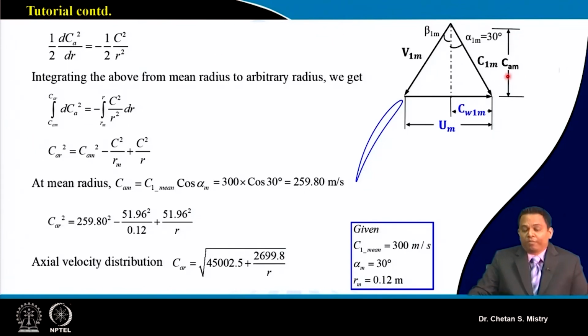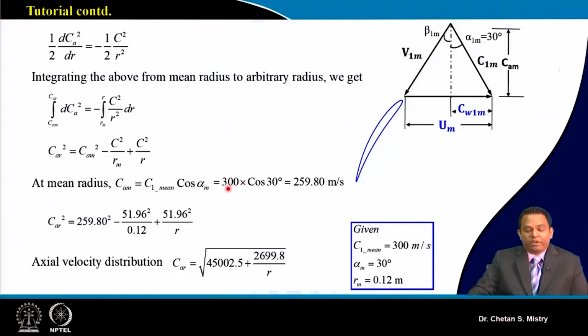But from our fundamental understanding, the angle alpha is known to me, that is say 30 degree. We have already calculated our CW1 at the mid station. So, based on my formula, I can write down my axial velocity at the mid station, that is given by C1 cos alpha m.